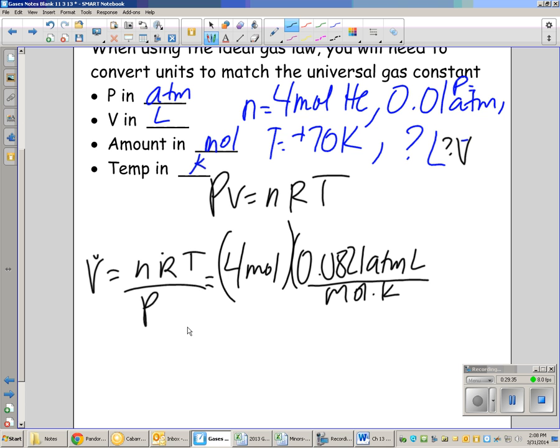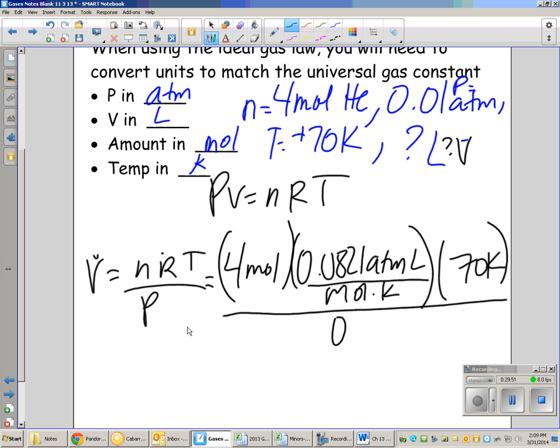That is one big humongous unit. You've got to write it. And then lastly, temperature is 70 Kelvin. And the entire denominator, the pressure down here, is 0.01 atmospheres.